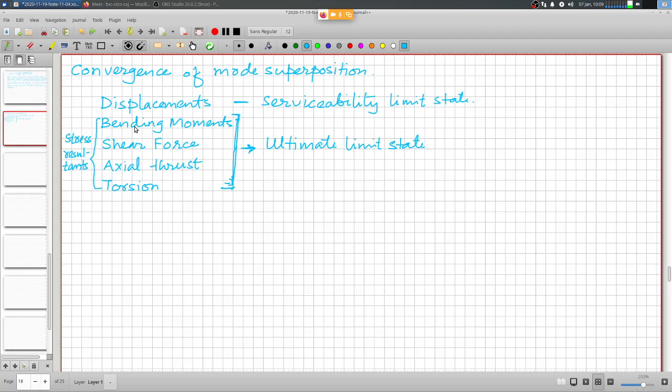Now, this is fine as far as the basic design assumptions go.